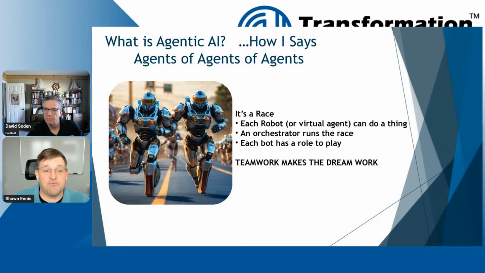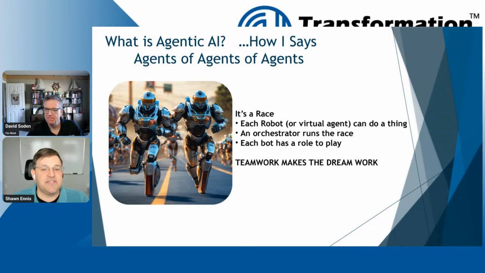If you consider it as a race, each robot or virtual agent can do one thing, and then you have an orchestrator that is actually running the race, handing the baton off between each agent to accomplish the end result. I like to say all the time, teamwork makes the dream work, right?